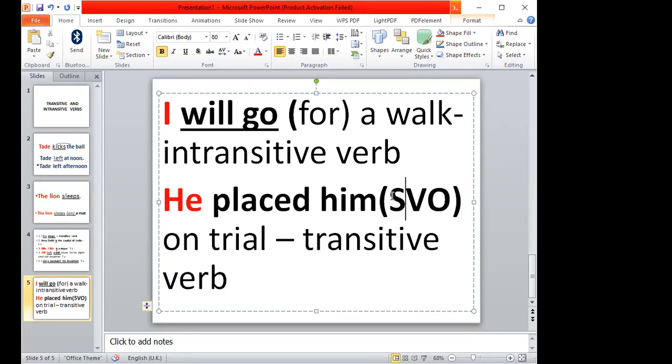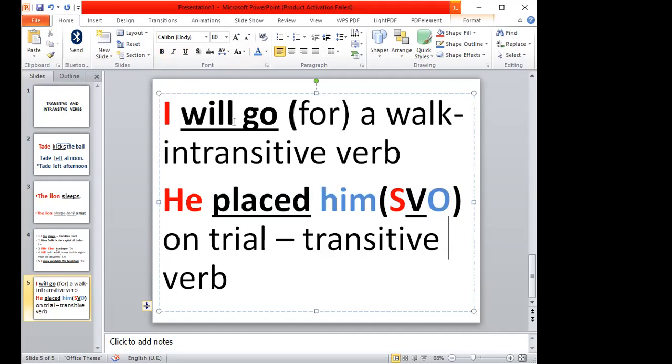Your S here is your subject. Your verb is this. So I'll try to identify them. This will be our verb, and this will be our what? Our verb. And for our objects, let me try to change the color so that we can identify it easily. And this will be our what? Our object. So if you have something of this structure, either simple, complex, or compound, the verb that you have used in there is a transitive verb.